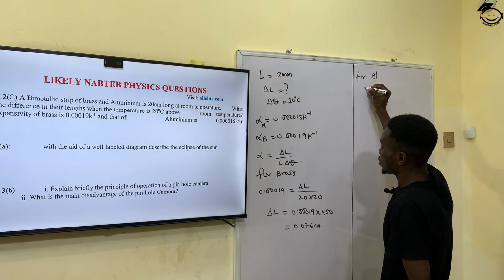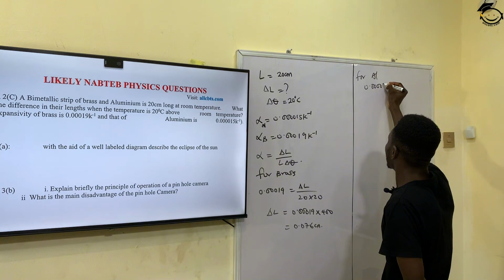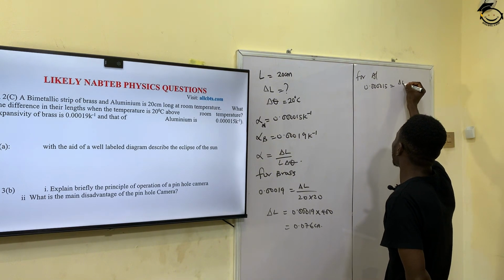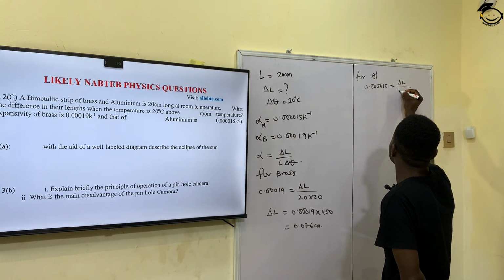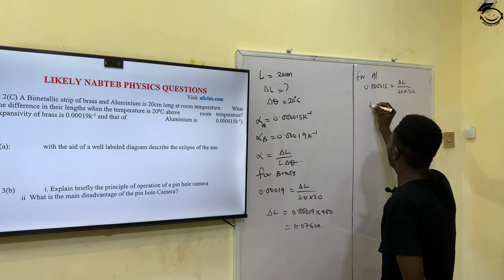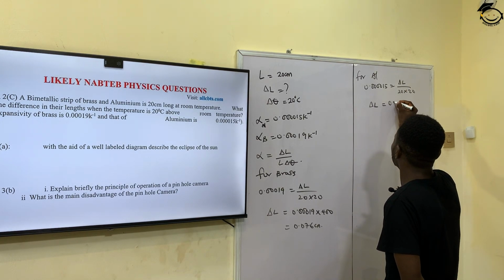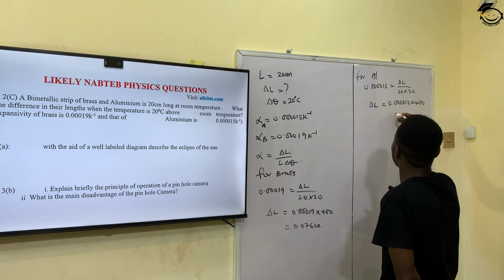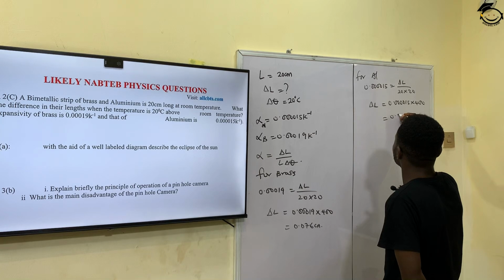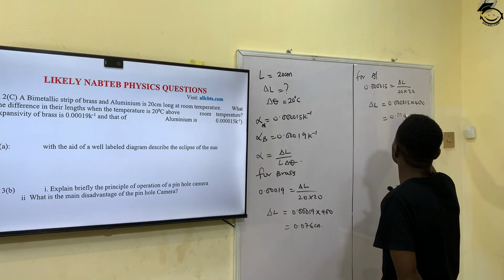So for aluminium, I'll have 0.000015 is equal to change in length all over 20 times 20, which means that my change in length here is going to give me 0.000015 times 400, and that will give me 0.006.